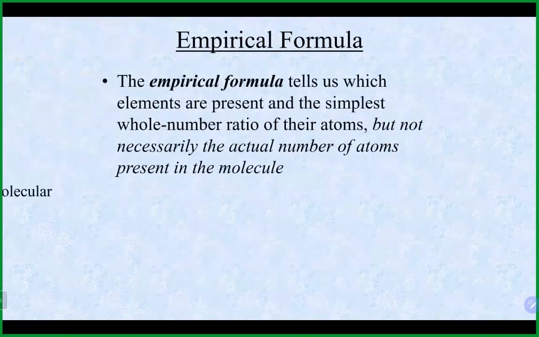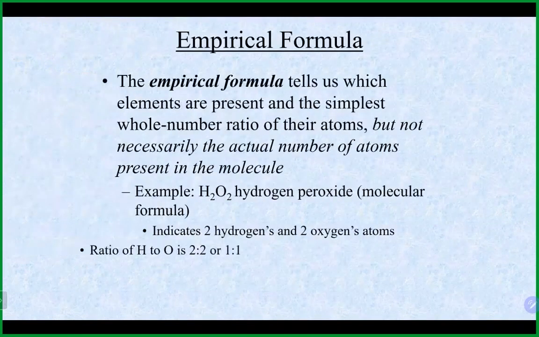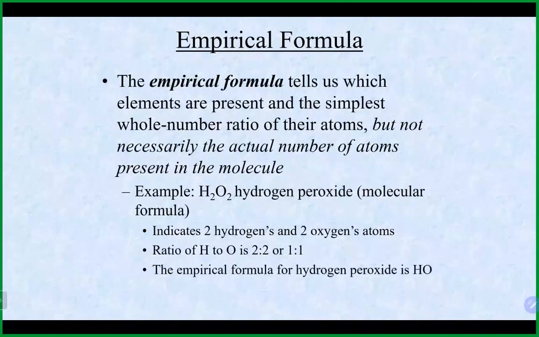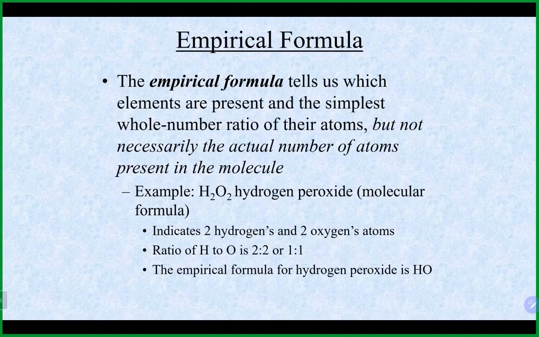And that is different than the empirical formula. Now, the empirical formula is really the simplest whole number ratio of what is present. So the empirical formula doesn't necessarily always tell you what is present, like the molecular formula, how many of each of the elements are present, but it gives you that simplest whole number ratio of what's present.